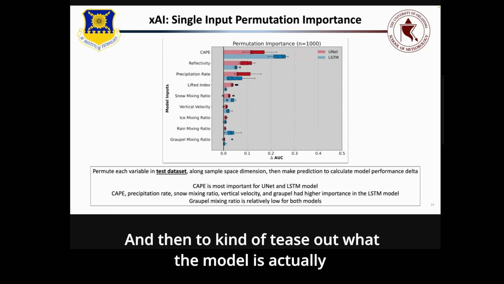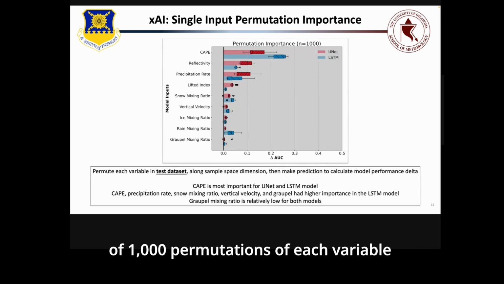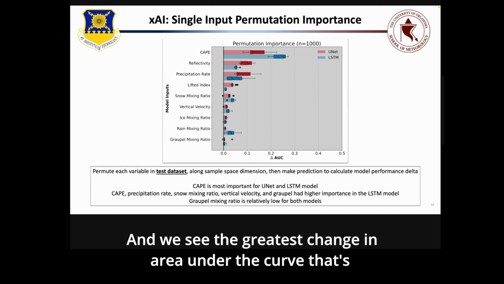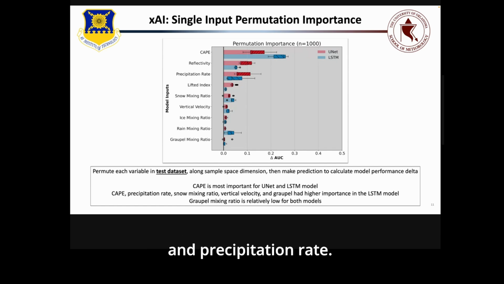And then to kind of tease out what the model is actually learning, I used some XAI techniques and did a permutation importance of 1,000 permutations of each variable across the sample space dimension. And we see the greatest change in area under the curve, that's on the x-axis here, occurs for CAPE, reflectivity, and precipitation rate.